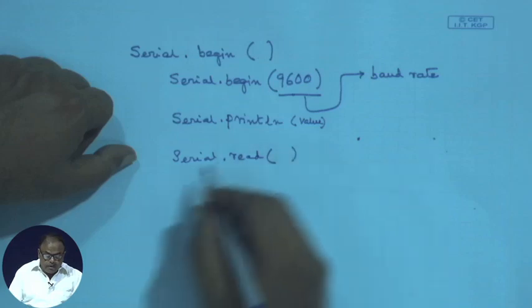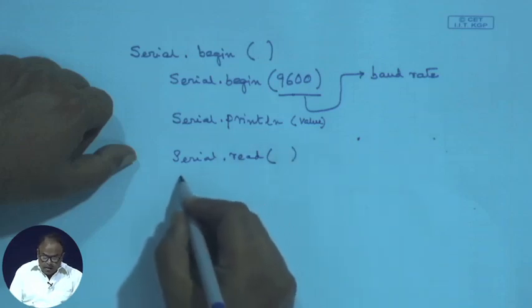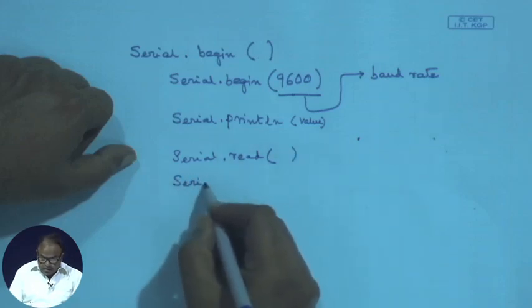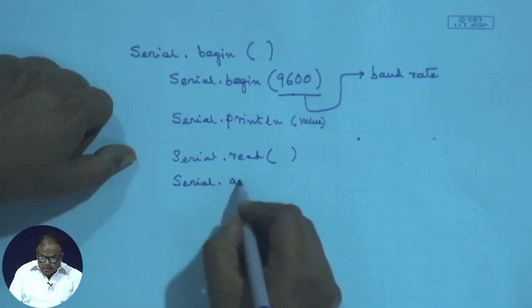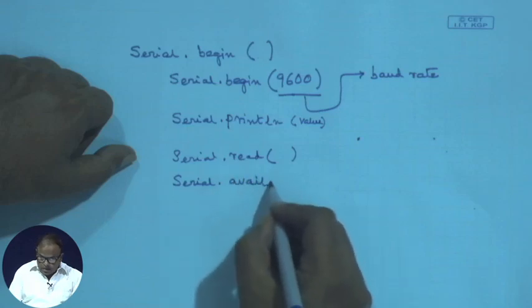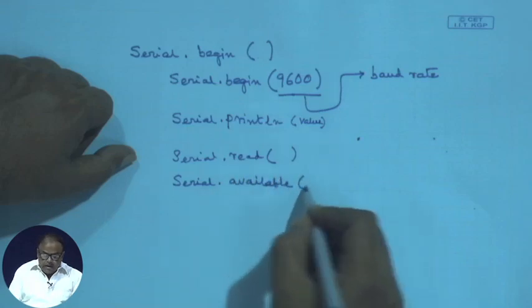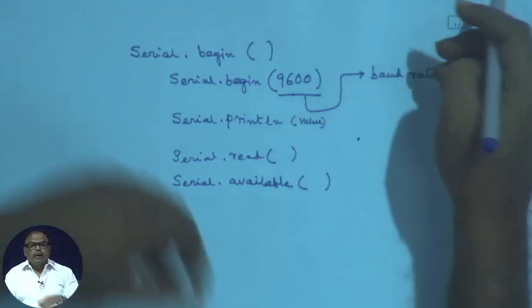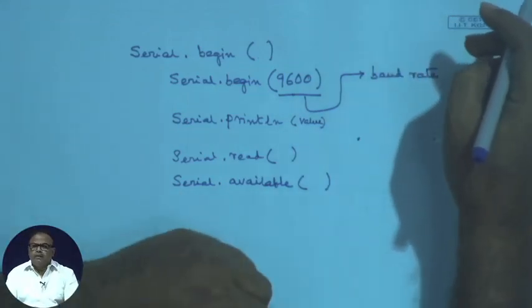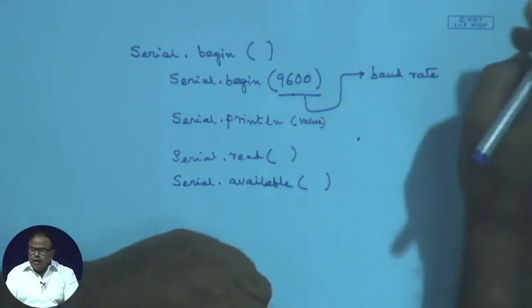We will use some of these. Serial.available tells us whether a particular serial port is available, whether it is being involved in some communication or not.